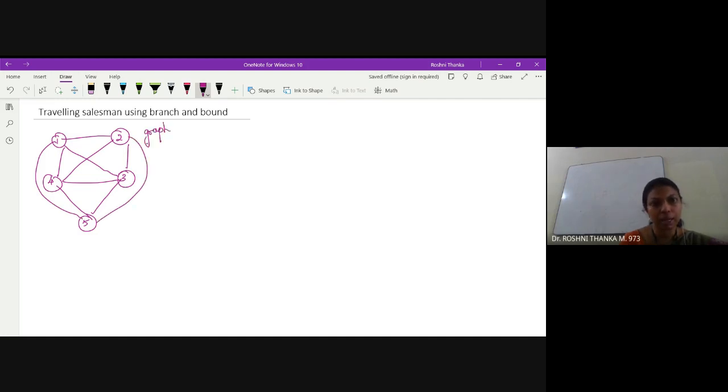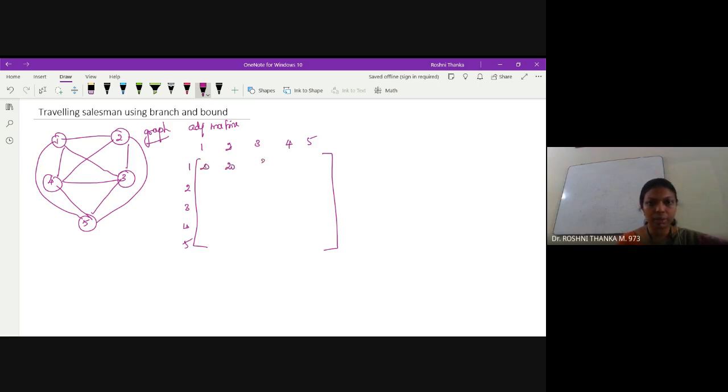And for this graph, let me draw the adjacency matrix also, which helps us understand the cost of traveling between all these nodes. So the adjacency matrix is like this: 1, 2, 3, 4, 5. The graph will be given in the question itself.